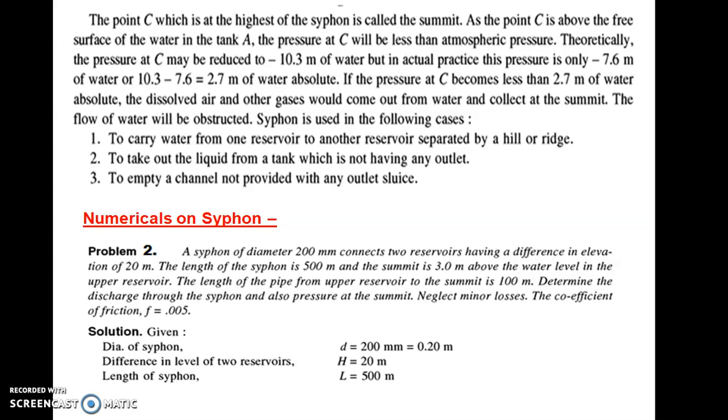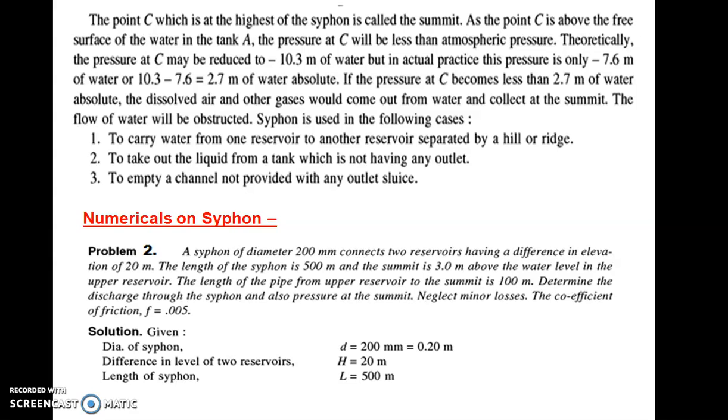That's why there is a limitation up to what height the point C should be there. The point C cannot go below the vapor pressure head. Okay, it should be always above the vapor pressure head. So here the limiting value is 10.3 meter of water absolute, which is the atmospheric pressure of water.